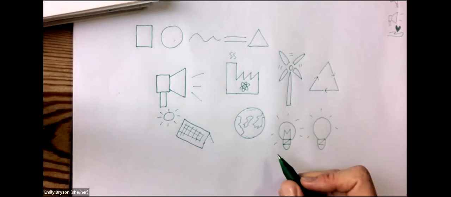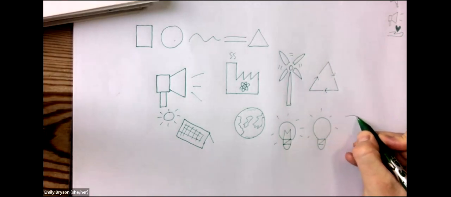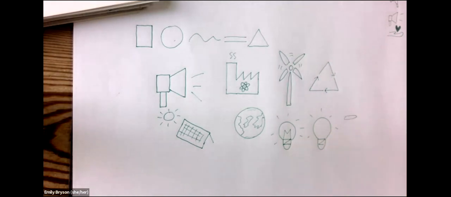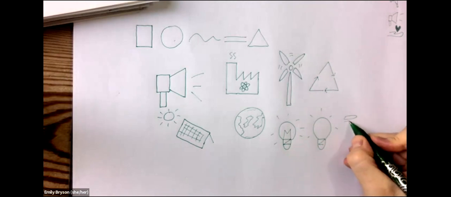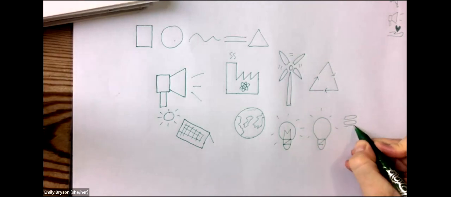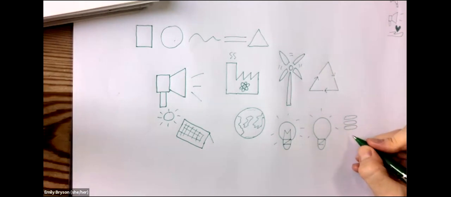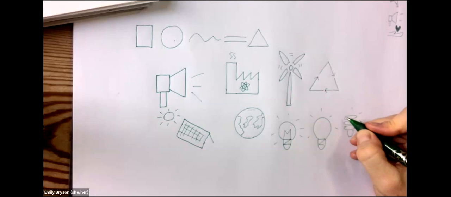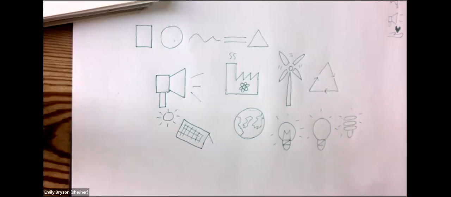Oh, energy saving light bulb. In fact, if you wanted an energy saving light bulb, it's ovals. And then another little U shape at the top. You could have more ovals. You don't need to have just 3. Maybe add another one.